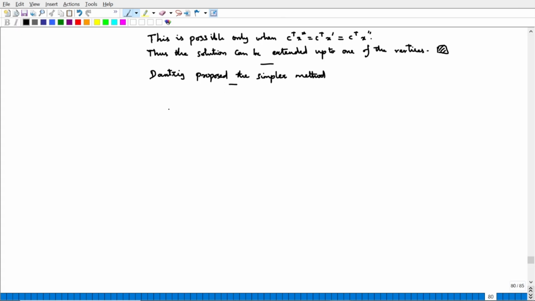Okay. So, what does he do? He does the following. So, I told you that this is the general structure of the linear programming problem that we have, right. So, he first proposes to convert this to the following form.